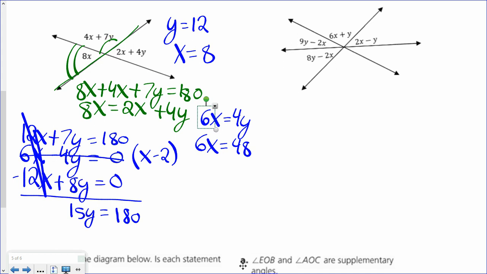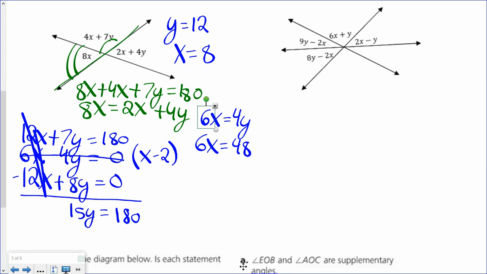All right, everybody with me there? Did you get y equals 12? Yeah, but I got x equals 7. Okay, so which equation did you plug it into?